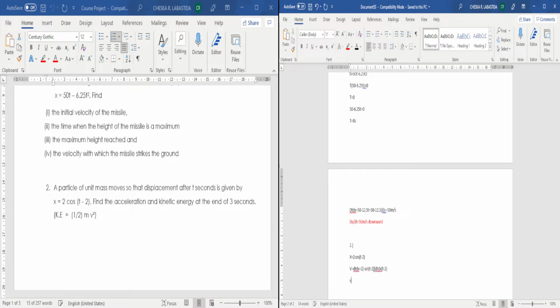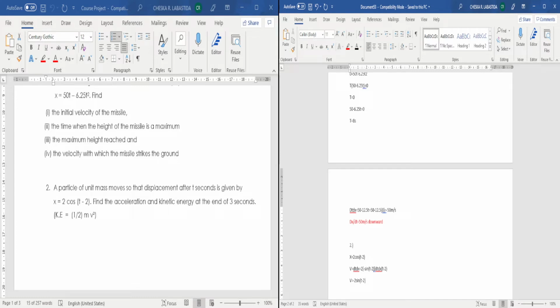So the velocity will be negative 2 sine (t - 2).